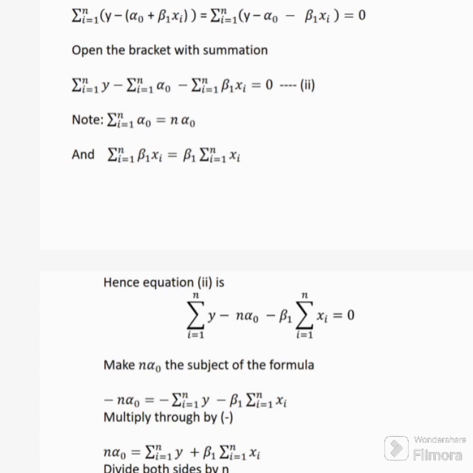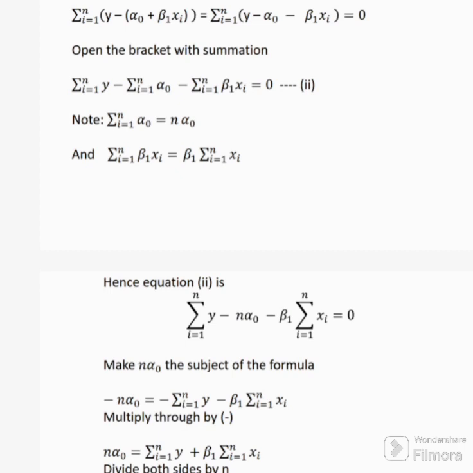If you look at it very well, we say that summation of i ranges from 1 to n (y minus (alpha naught plus beta 1 x subscript i)), which equal to, we use the negative sign to open the bracket of that alpha naught, and we have summation of i ranging from 1 to n (y minus alpha naught minus beta 1 x of i) equal to 0.